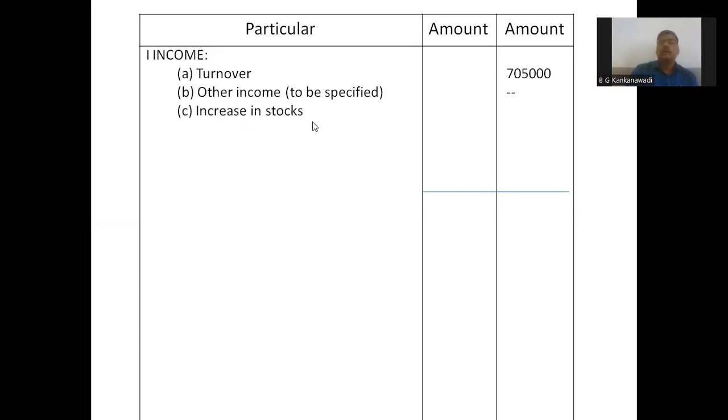Thereafter, increase in stock. So increase in stock, first you take closing stock. In this closing stock, you add drawings of the two partners. 75,000 is the total drawing. First partner drawing plus second partner drawing. Total is 75,000. You add 75,000 drawing.